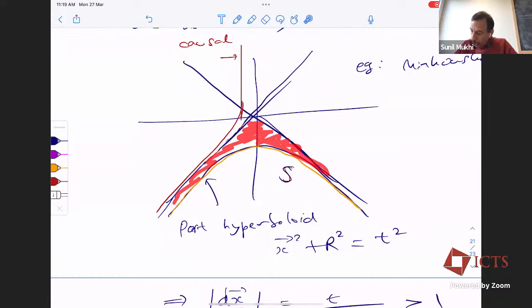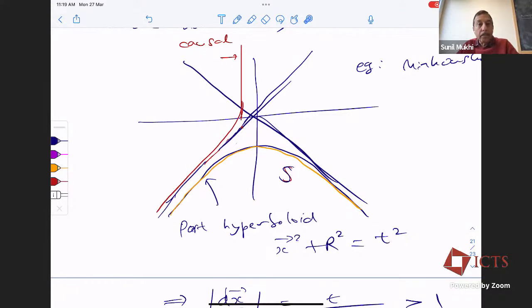Can someone tell me? I haven't thought this through, but from here, I'm pretty sure all causal paths to the past pass through the hyperboloid, right? If they are here or here, then they don't have to, because they can asymptote this way or this way. So the future domain of dependence of S is only this much. People agree? Okay, good. I think that's correct.